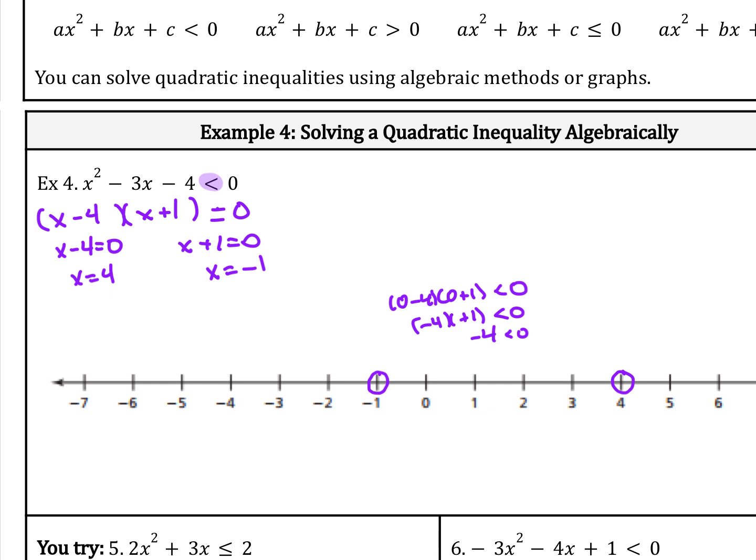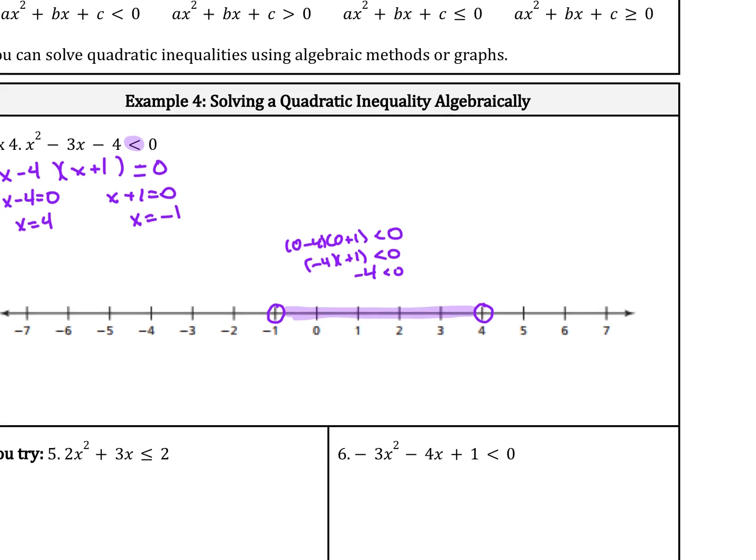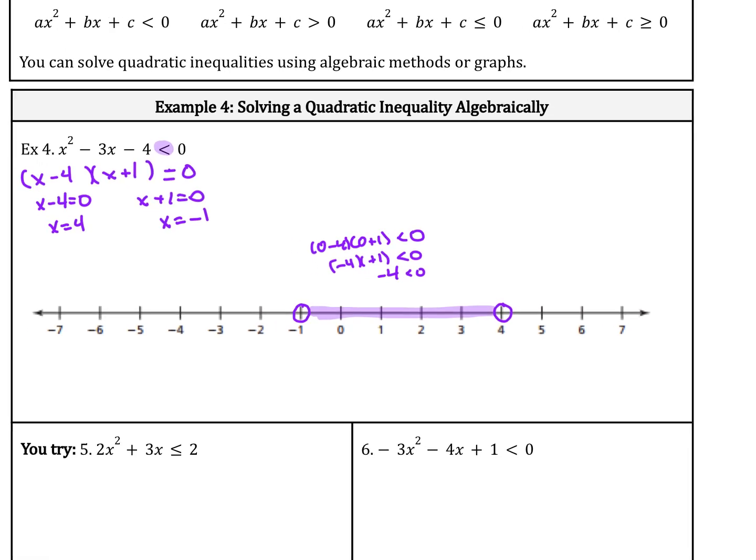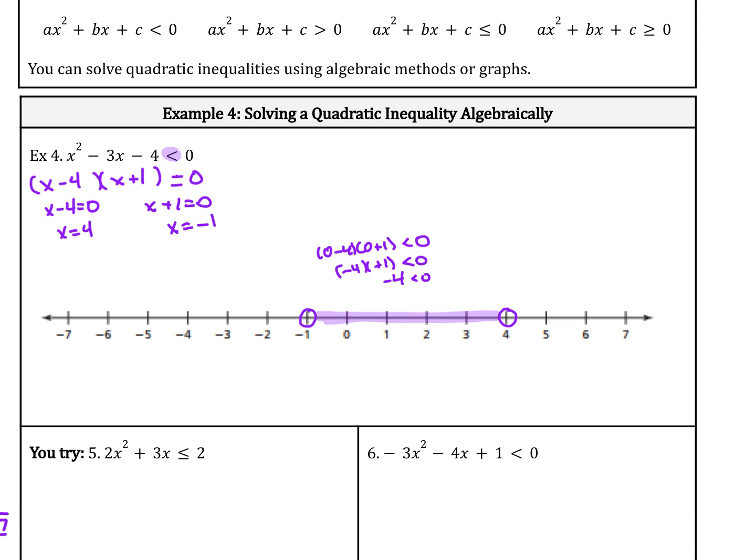That is in fact less than 0. So it's true, and we can shade in that area. Anything between negative 1 and 4 will make this inequality true. Now let's try a number on the other side of 4, greater than 4. Let's plug in 5.